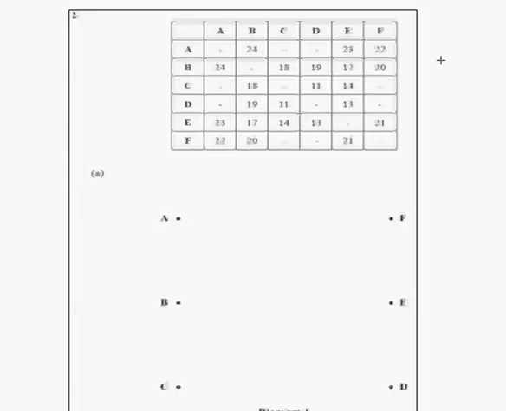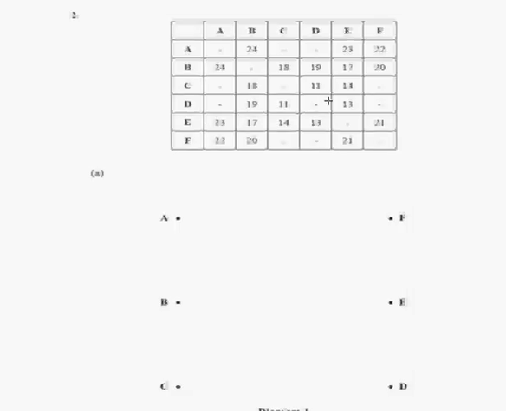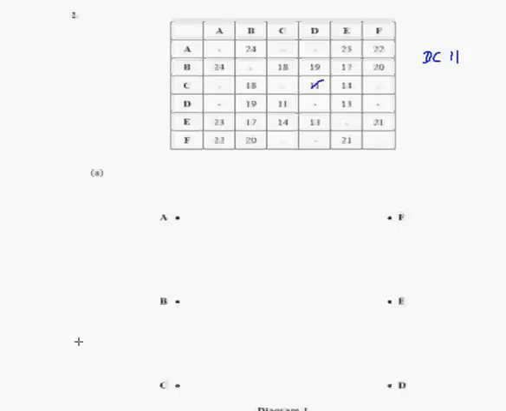First, what we need to do for Kruskal's algorithm is to list the arcs in ascending order of weight. So let's do that. Okay, so the smallest is 11. So that's DC 11. Now I'm going to include the arcs on my diagram as I go along, so I think that will make it easier.